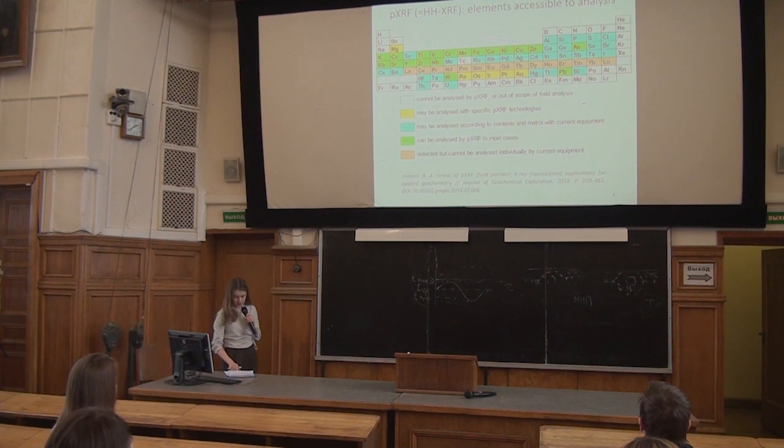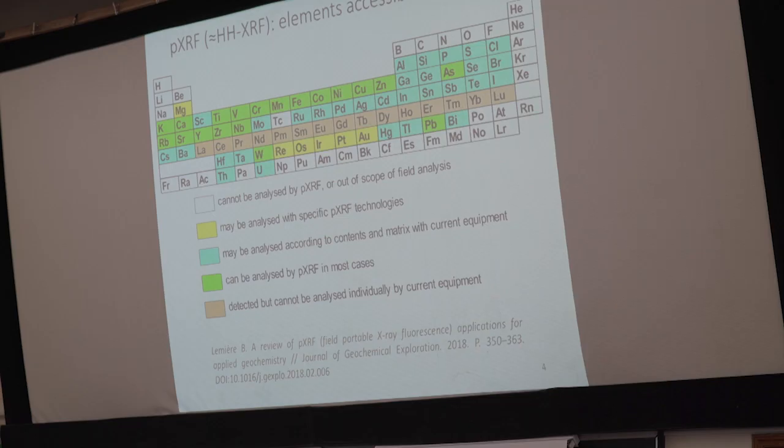So what elements can be excited by the modern portable, or as they are sometimes referred to, handheld analyzers? As you can see, we can start with magnesium, given that we use specific technologies. The majority of the elements can be analyzed in most cases, although with limitation on content and matrix of the sample.